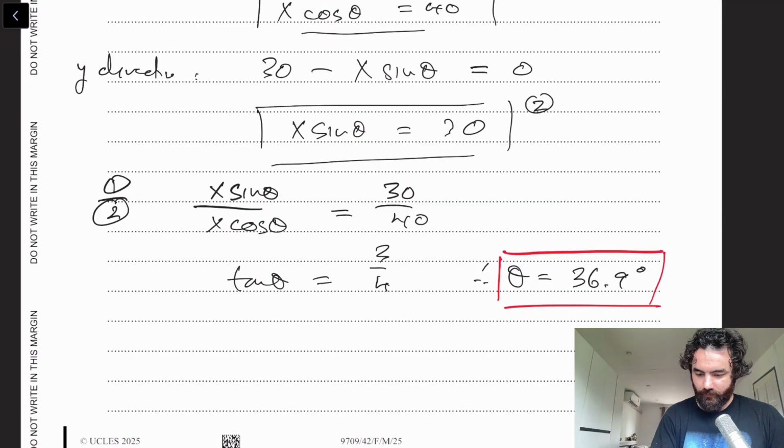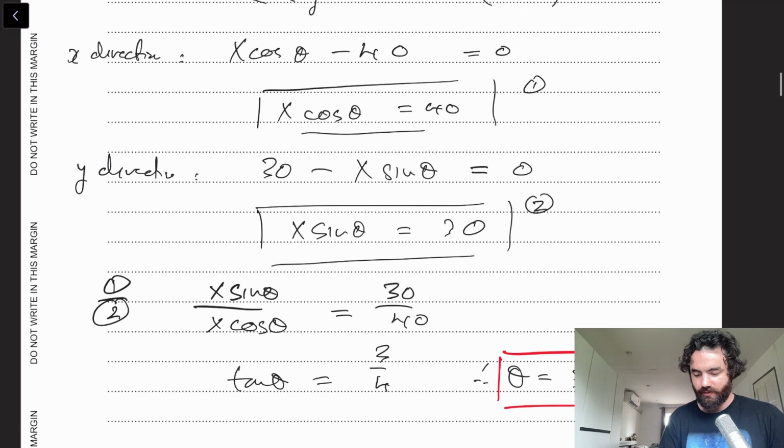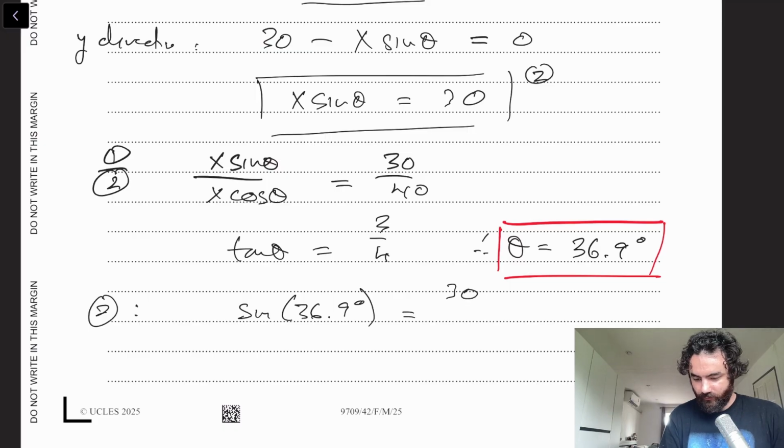Therefore, for X, we can just substitute into one of these equations. So we substitute into equation 2. Sine of 36.9 degrees, and I guess you'd rearrange for X easier. So X equals 30 over sine theta, and theta is this.